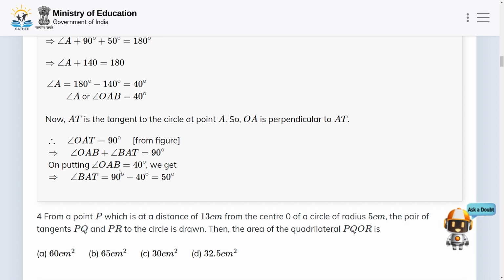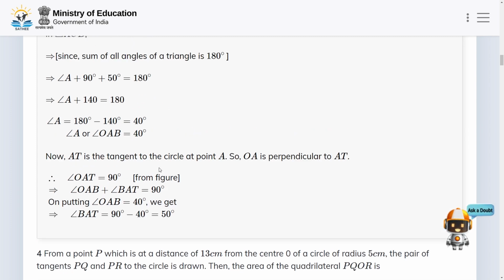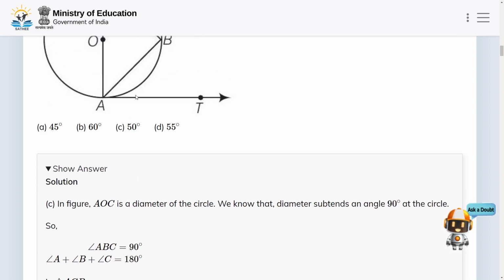Okay, and putting angle OAB as 40 degrees, we get angle BAT equal to 90 degrees minus 40 degrees, that is equal to 50 degrees. Okay, so this angle BAT is 50 degrees. So here the correct answer is option number C.